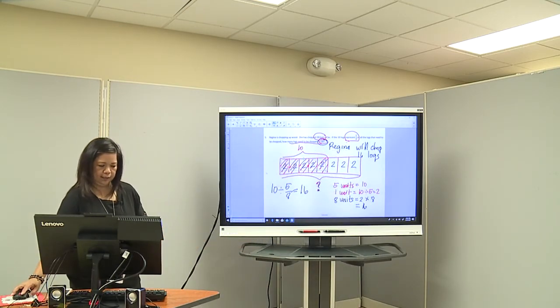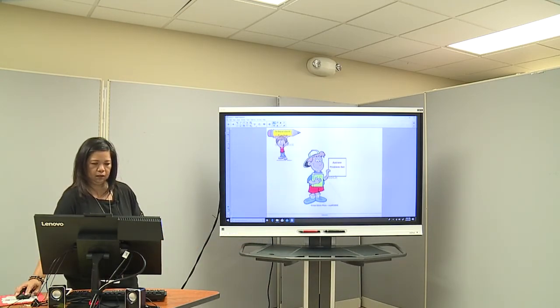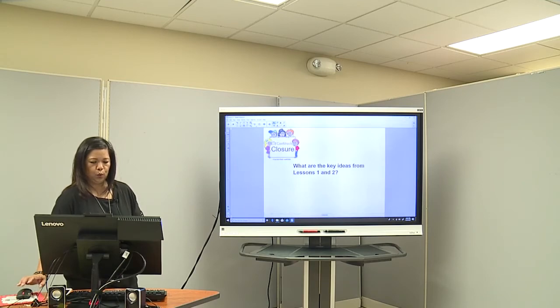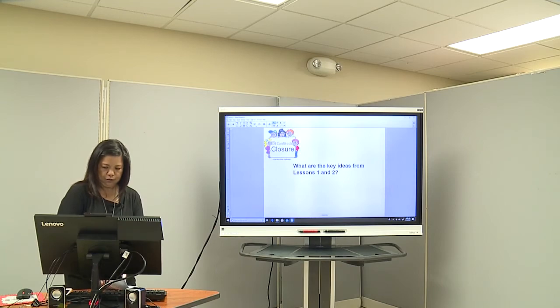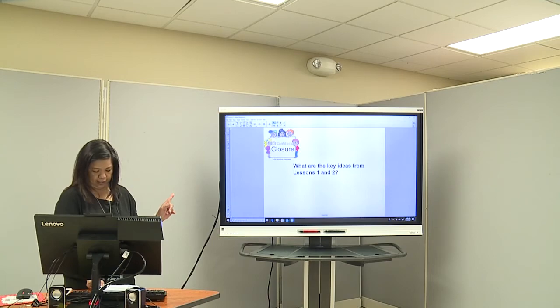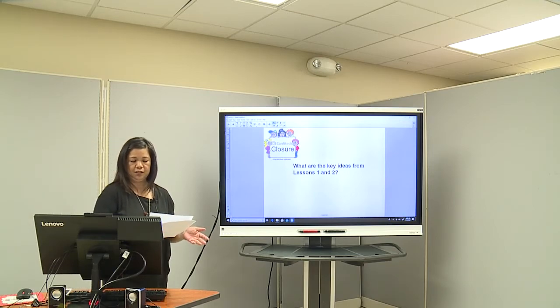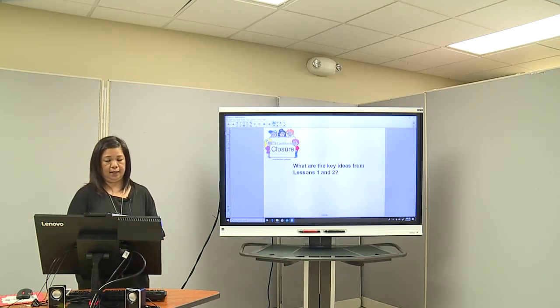so in closing, what are the key ideas that you learned from lesson 1 and this lesson? Okay, we can use models to divide a whole number by a fraction and a fraction by a whole number.